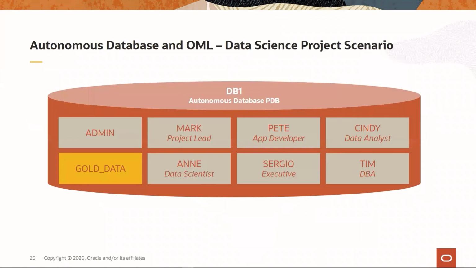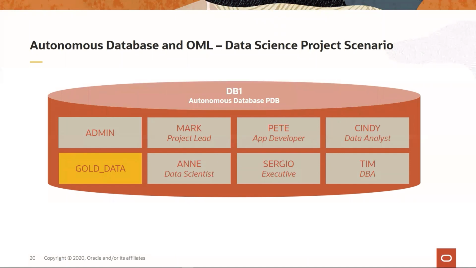Now, when we have all of these users, the administrator can go in and actually create new accounts for these users. So each one of those is going to get that. We have the project lead, and we've assigned some names just for convenience here. We've got Mark as the project lead, Pete as the application developer, Cindy, the data analyst, Sergio, our data scientist, our executive, and Tim, our DBA.